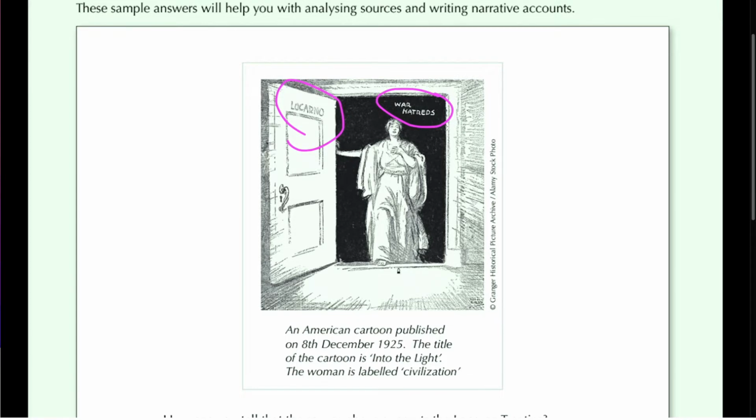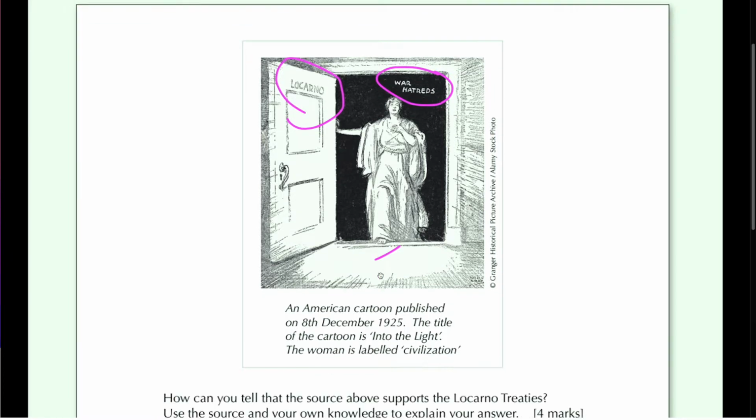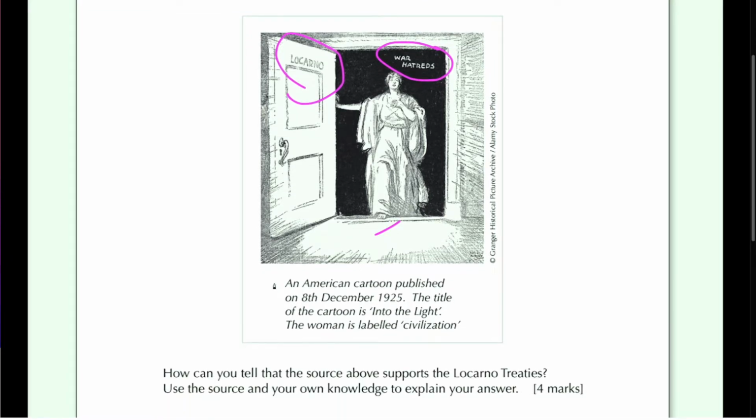I don't know. This is the picture, and under it we have an American cartoon published on 8th December 1925. The title of the cartoon is Into the Light. The woman is labeled Civilization. So this is what we have up to here.